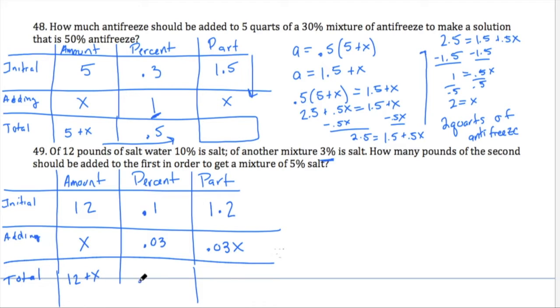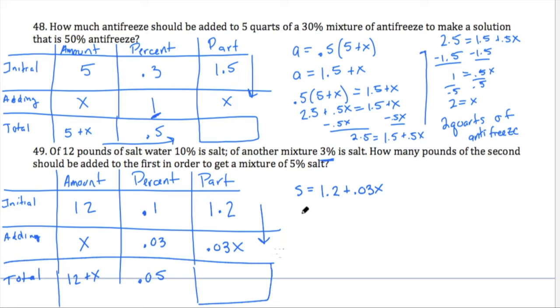We want our solution to be 0.05. And that leaves us with our magic square that we can come about 2 ways. If we want to call it S for salt, the salt is equal to, if we go vertically, 1.2 plus the 0.03x, because we're adding to our total here. But going across is a multiplication pattern.